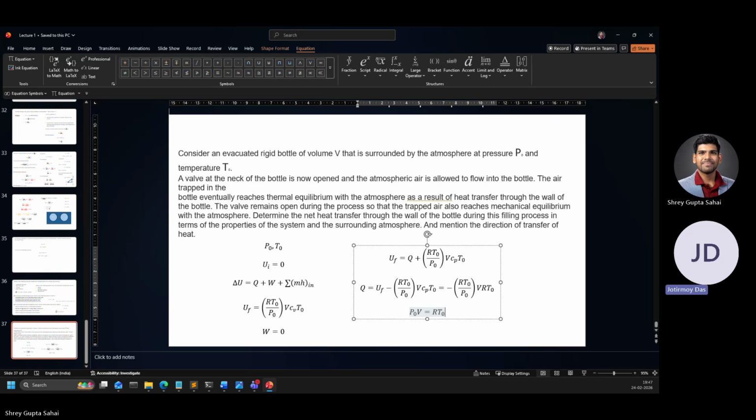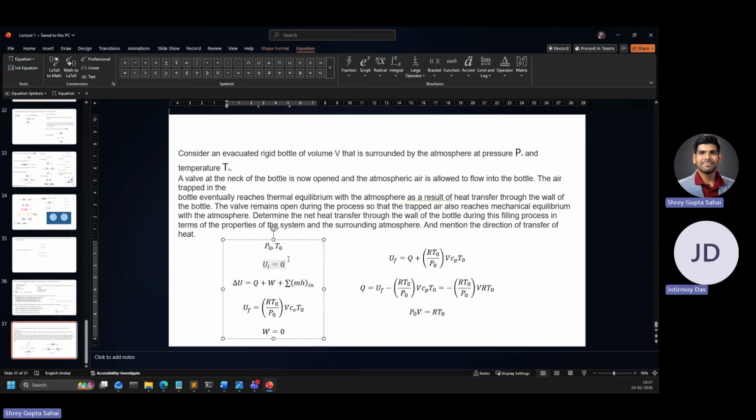But as per the question, initially it was evacuated, right? So I'm using the final conditions to write this. Finally, P naught and T naught conditions are prevalent, P final.